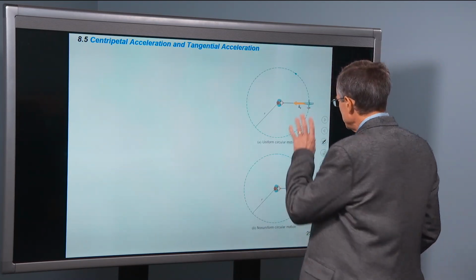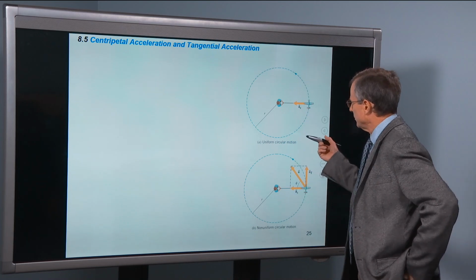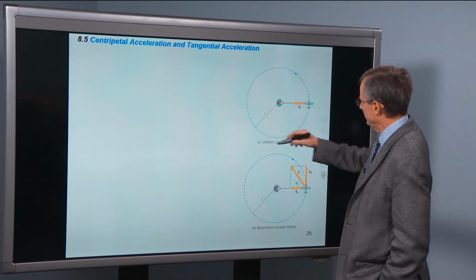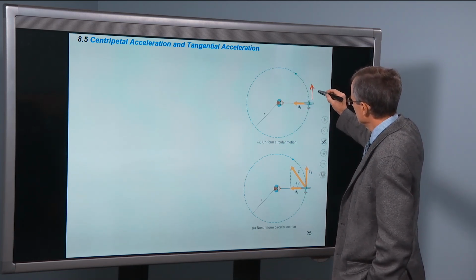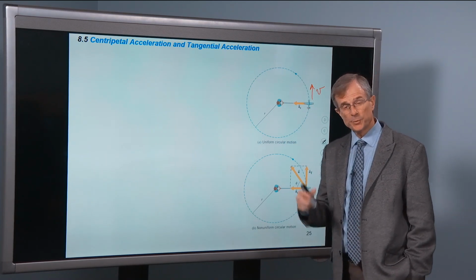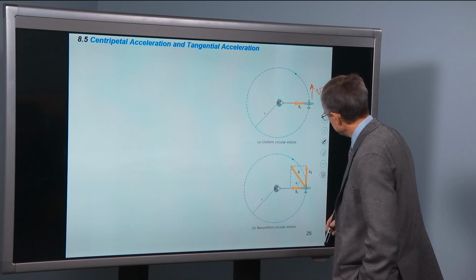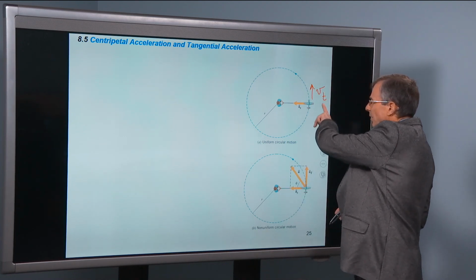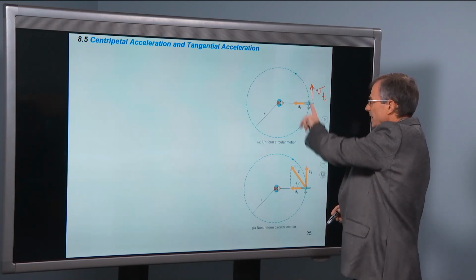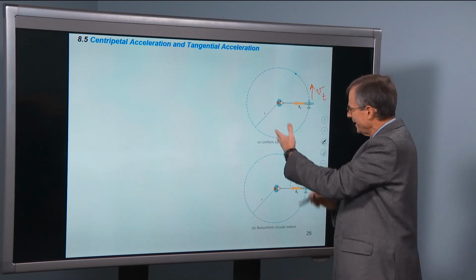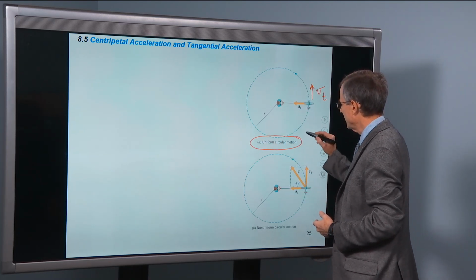So we talked in Chapter 5 about uniform circular motion. You got something that's traveling at a constant speed, which we're now calling the tangential speed. It's a constant speed, although the velocity direction is changing, the speed is constant. That's uniform circular motion that we talked about in Chapter 5.